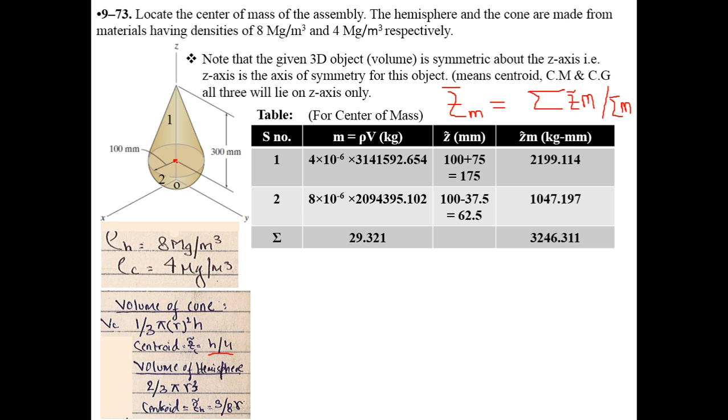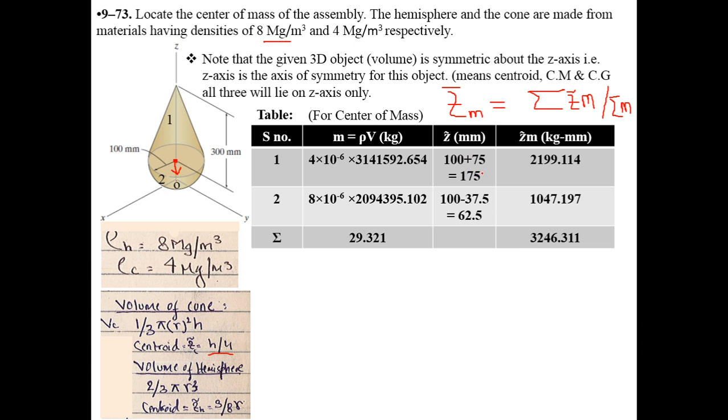But this is measured from this point r downwards, and we need to measure the centroid from this point O upwards. So we have to subtract this value of 37.5 from 100 to measure the centroid of the hemisphere from point O. That is why this is 100 minus 37.5, and it is 62.5 millimeters measured from O, the centroid or center of mass of the hemisphere. Both will be the same because the hemisphere is made up of single material.